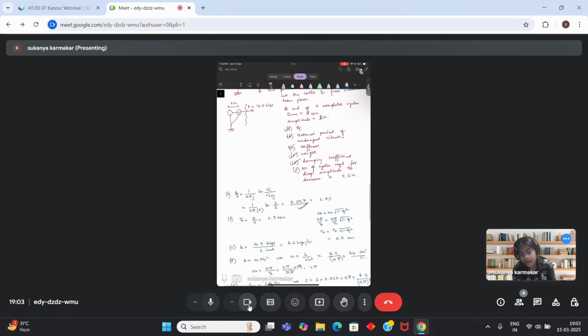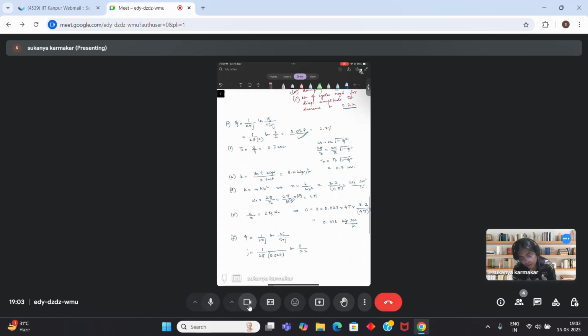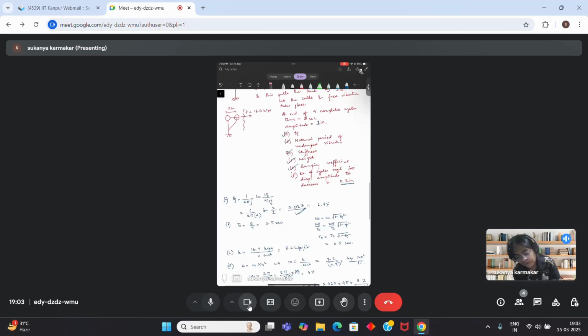You have to find after how many cycles it decreases to 0.2 inch. So this 0.2 inch will appear here. That is the amplitude occurring after the jth number of cycles, and you want to calculate this number j. So if you solve this, this will be equal to 13.28 cycles. So this is how you calculate the last part, that is the number of cycles required for the amplitude to decrease from a certain value to a certain value.